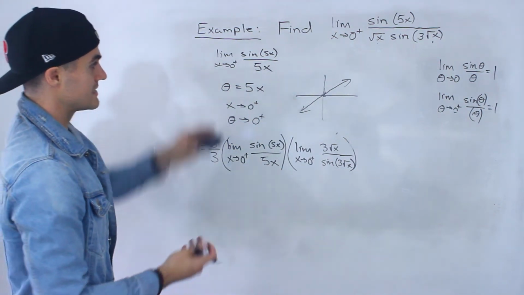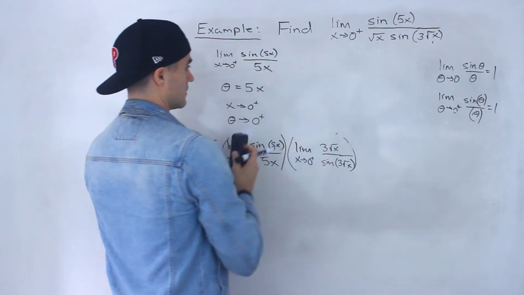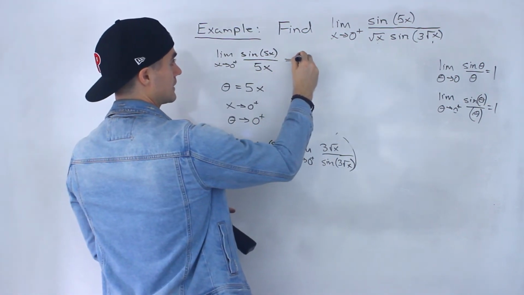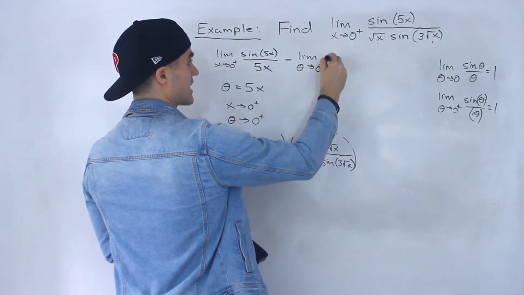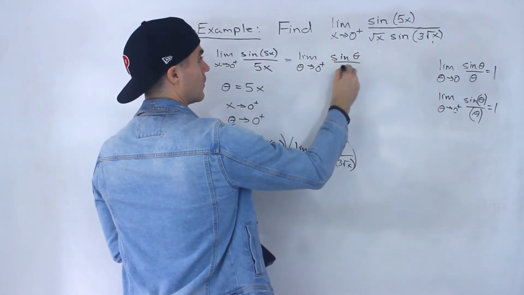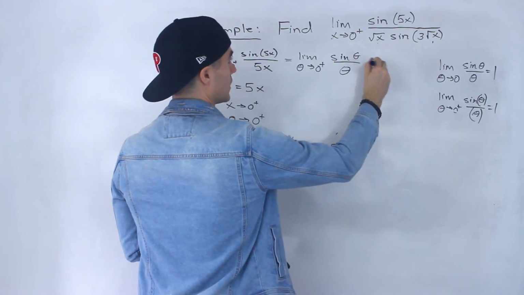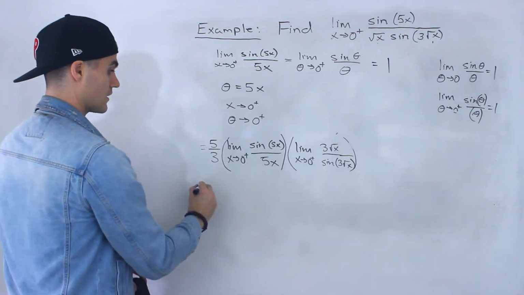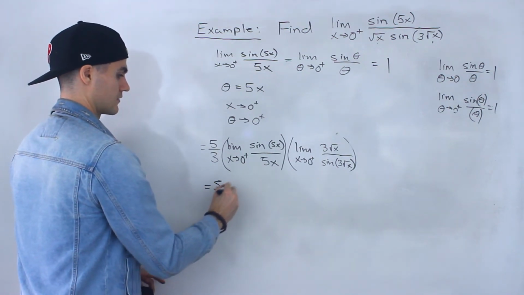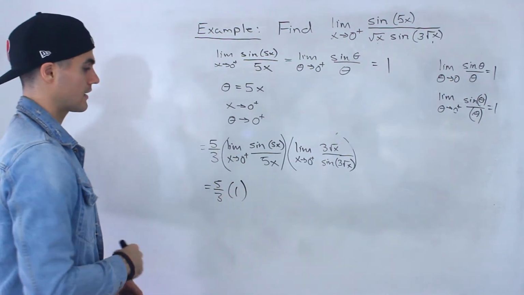So we could take this, knowing this, and rewrite it as the limit as theta approaches 0 from the positive side of sine theta over theta, which we know is equal to 1. So this bracket here ends up being 1, like that.